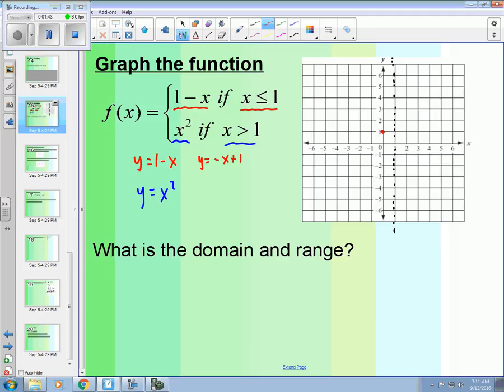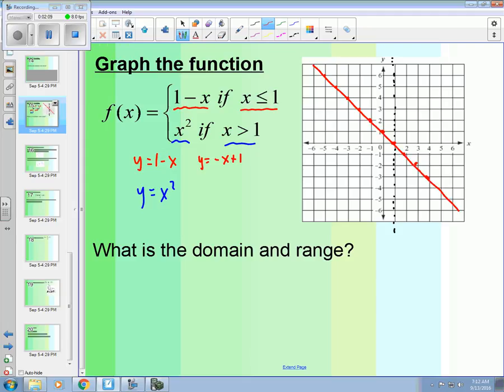Slope is negative 1, so down 1, right 1, or up 1, left 1, and it would just continue. Okay, so if it was just that by itself, it looks something like that.